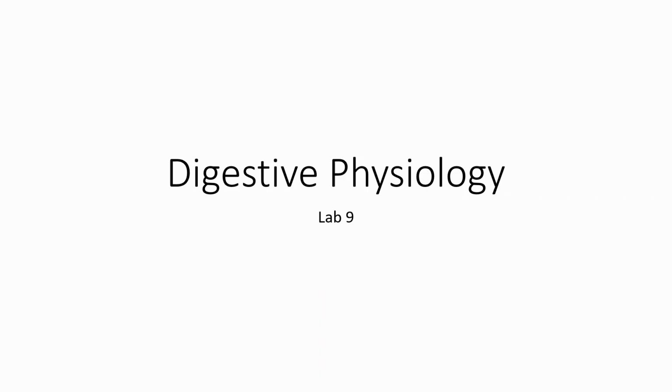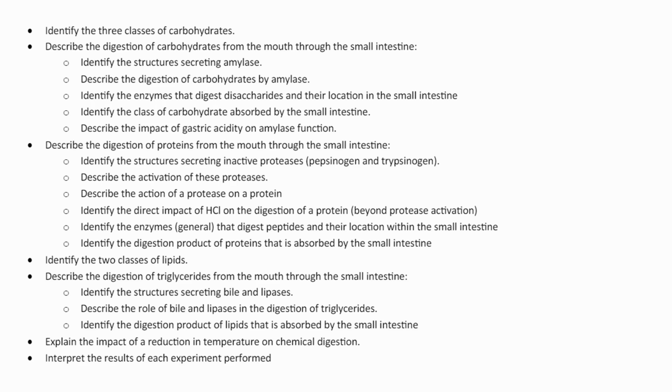All right, welcome. So I want to quickly review digestive physiology, and these are the learning objectives, the kinds of things you should know: the classes of carbohydrates, from complex starches or polysaccharides all the way down to monosaccharides, and identify the structures that make amylase that helps to break that down.